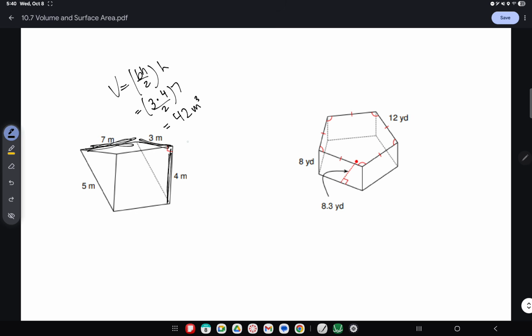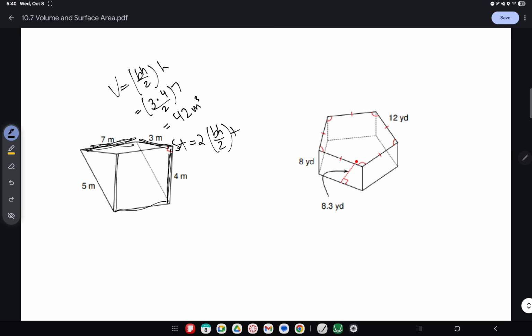meters cubed. And then the surface area, we'd have the area of the triangle, so base times height divided by 2, but then times 2, because I have 2 of those triangles. And then I have 3 rectangles.